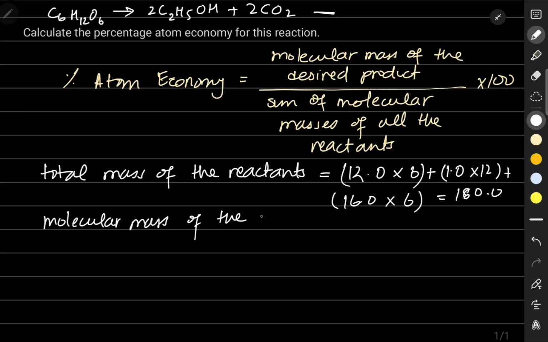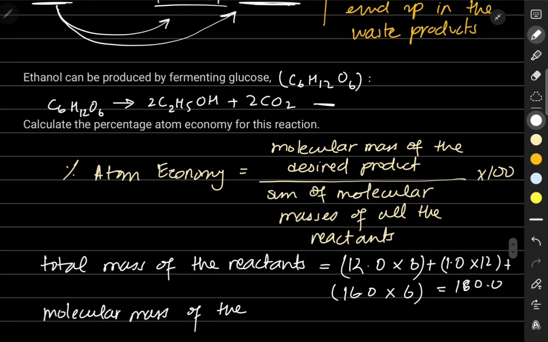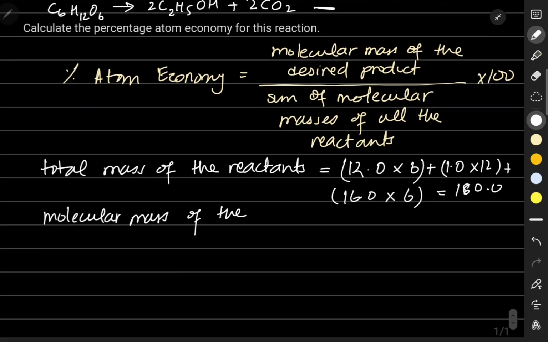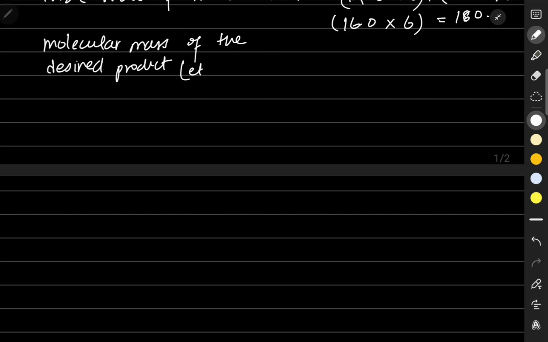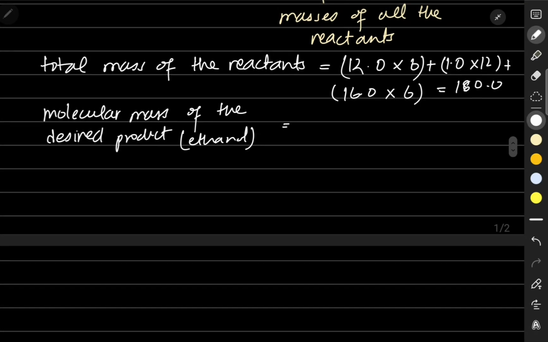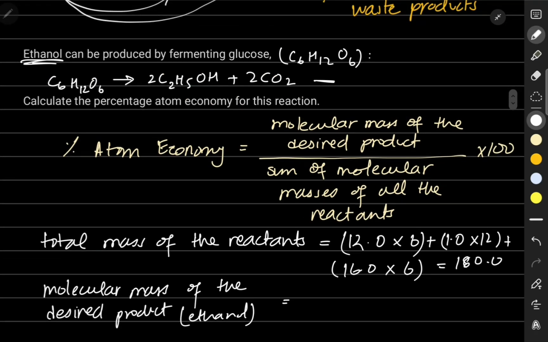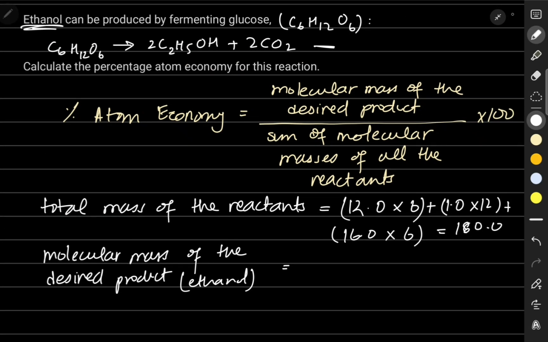And the desired product in this case is ethanol. We're talking about ethanol, right? So if you calculate the mass of ethanol, you get 12 times 2.